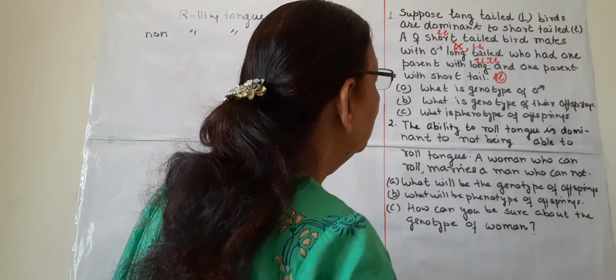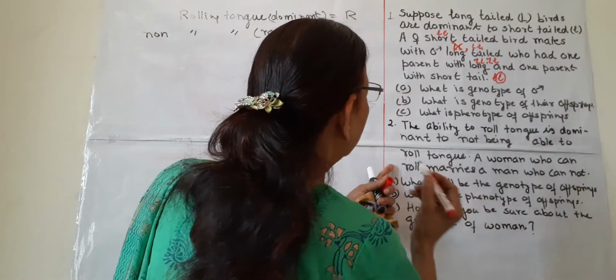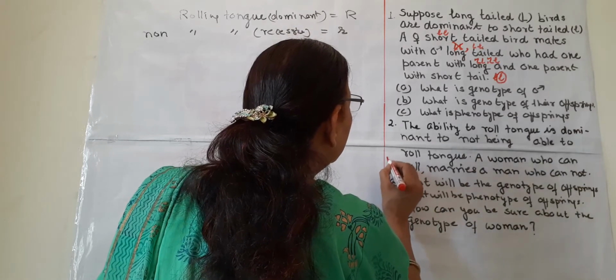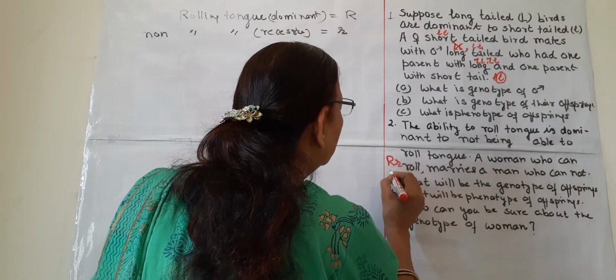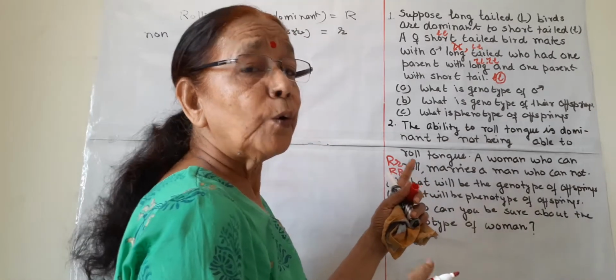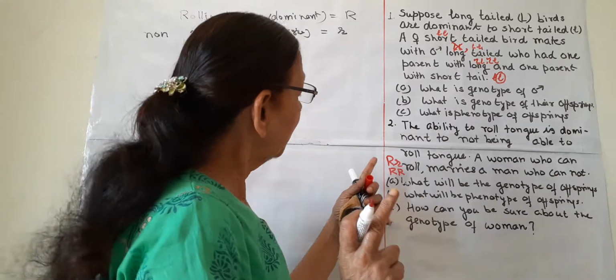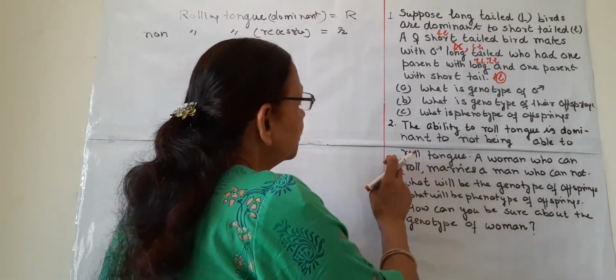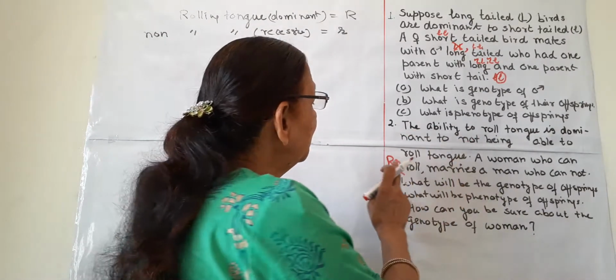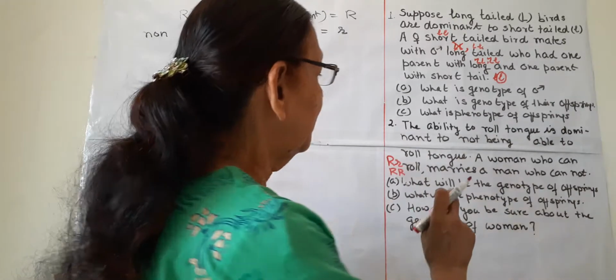A woman who can roll, it means if the woman can roll, it may be RR or it may be Rr. If she can roll, one dominant allele should be there, one capital R should be there. So the genotype of the woman may be capital RR or capital Rr.